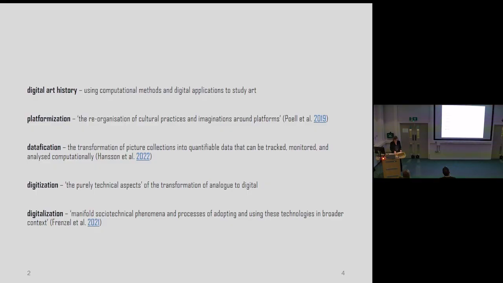But I would argue, based on the studies we have done within these 2 projects, and we are in the company of many other scholars here, of course, that an important aspect of what can be termed digital art history is when we as humanists approach digital phenomena with critical perspectives taken from cultural theory. These are concepts and perspectives that we have used for a long time within the humanities. And this is what we have set out to do in these studies.